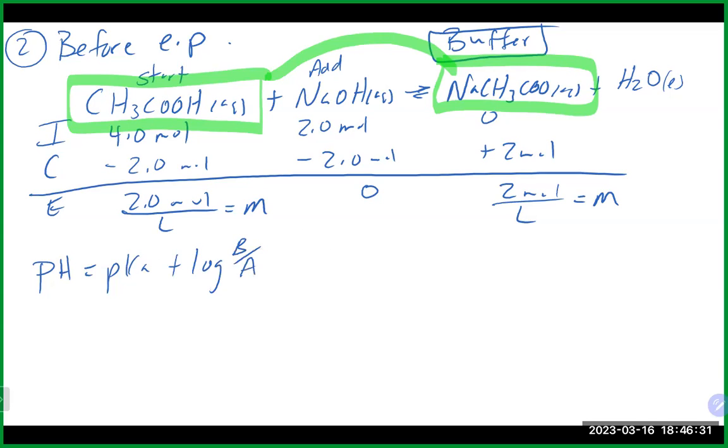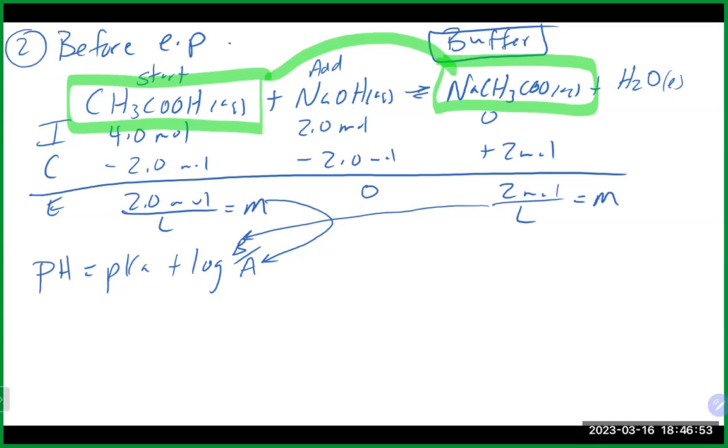So at this point, you could go in, making sure you put the base in the correct spot. In this case, which one would be the base? It would be the acetate, and the acetic acid would still be your acid. That makes sure those get in the right spot.